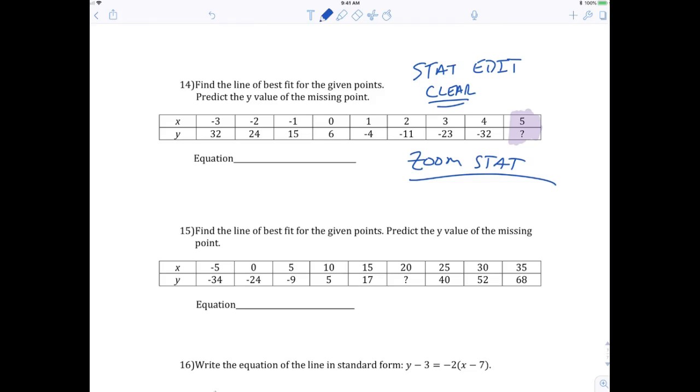After you Zoom Stat, remember you go to Stat, slide over to Calc, and then go down to number 4, and then hit Enter all the way through. And then somebody tell me what that equation is. Now remember, we're rounding to 3 decimal places. That's the standard.